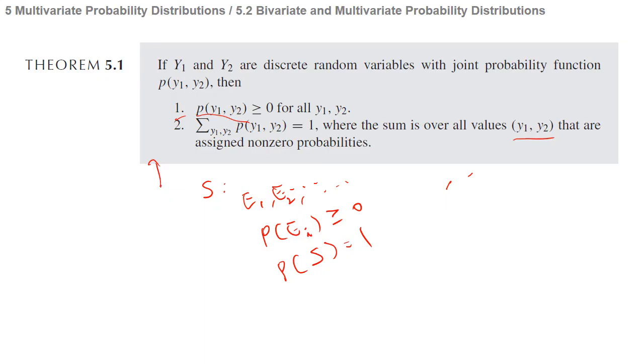And from these axioms of probability, we can check this should be true. We also checked a similar theorem for the discrete and continuous random variable case. And so this is a general extension for the joint probability function case.